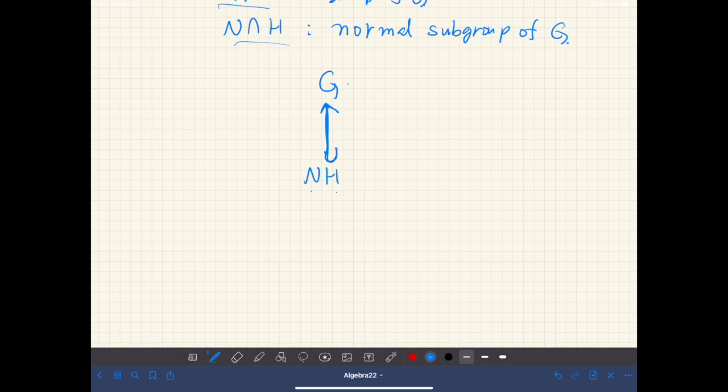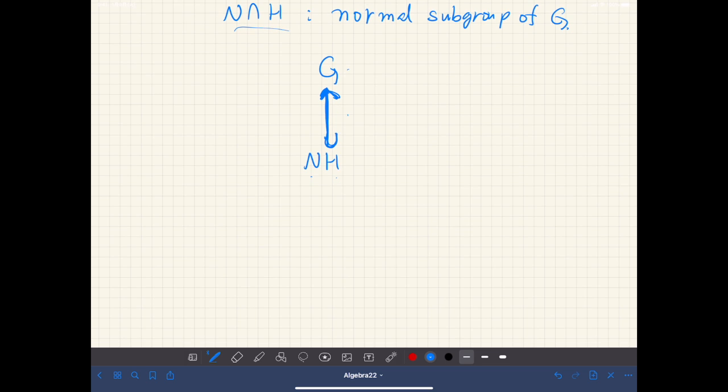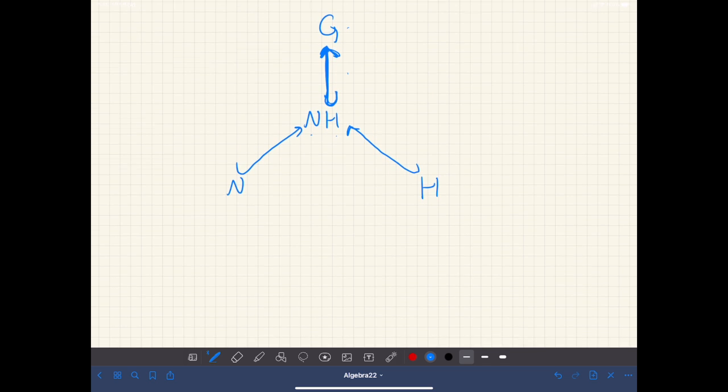Okay, and there exists a mapping, an injection here. So this homomorphism indicates an injection. And we have N. So this is again an injection. And H is again an injection here into NH.